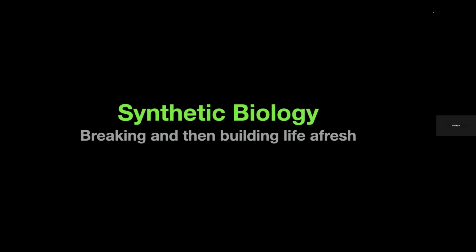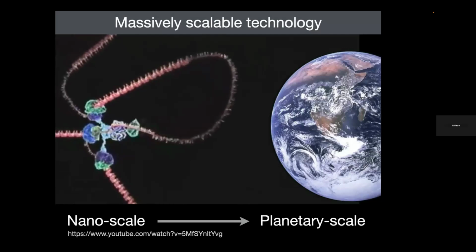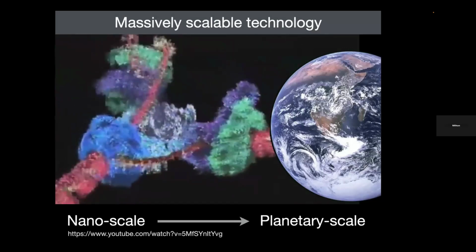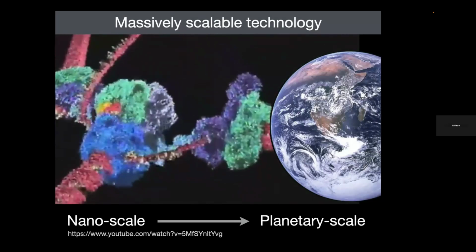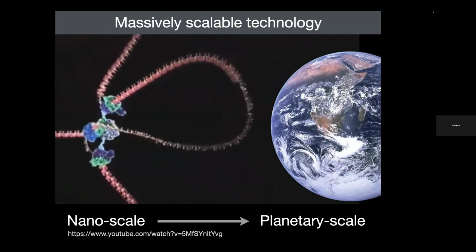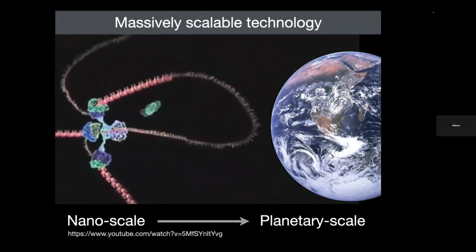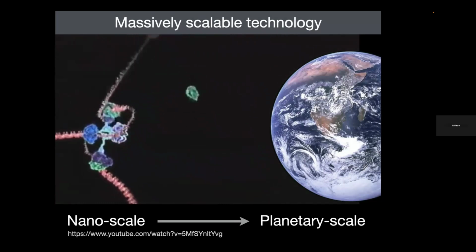Now, the reason that we might want to engineer or modify biology really stems from the fact that it is the most massively scalable technology that we know about, and the most amazing in my view. In biology, you have these nanoscale machines that are able to carry out all sorts of different processes. We heard they're able to carry out metabolism to produce energy, components to make copies of themselves. They're able to carry out computations.